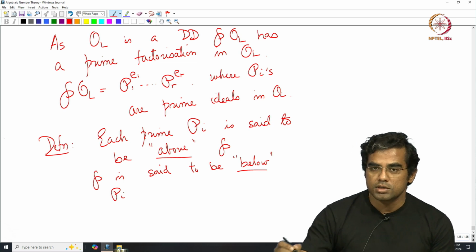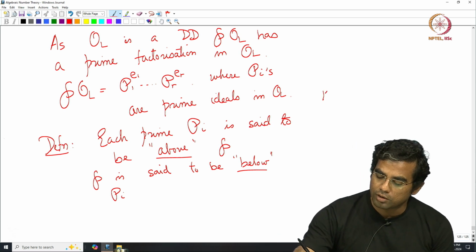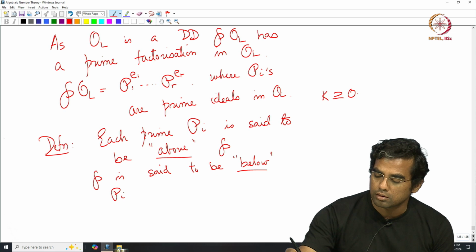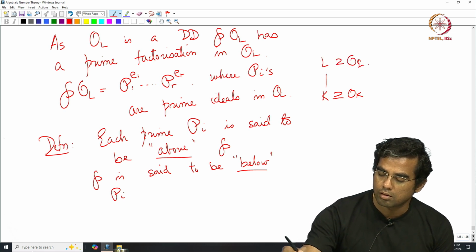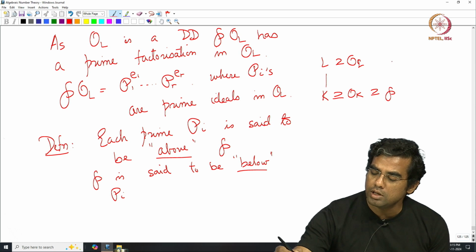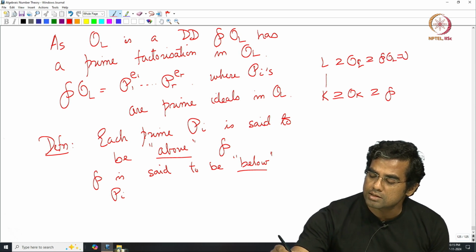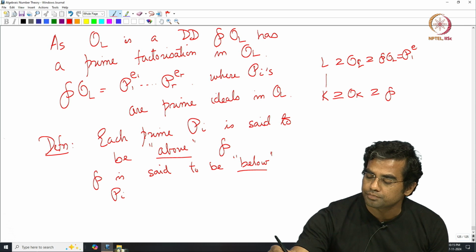So, this is because of the diagram. So, let me recall the diagram here again. Inside I have P, here I take P O_L, but this thing is now the product of P1 to the E1, up to PR to the ER, right.